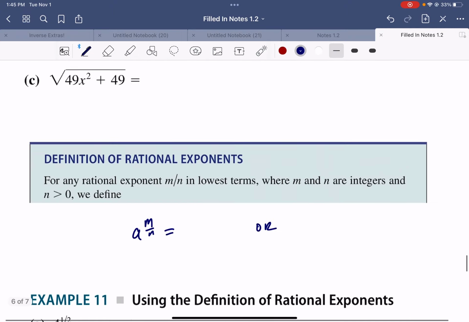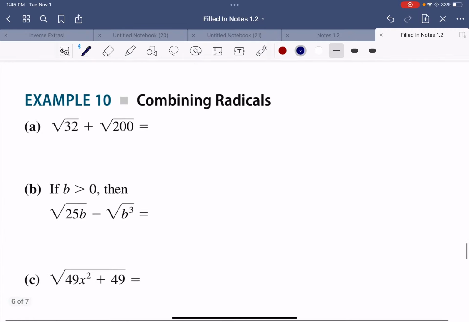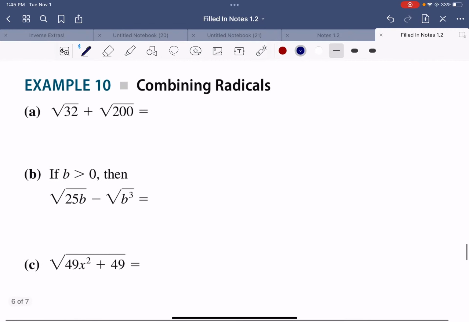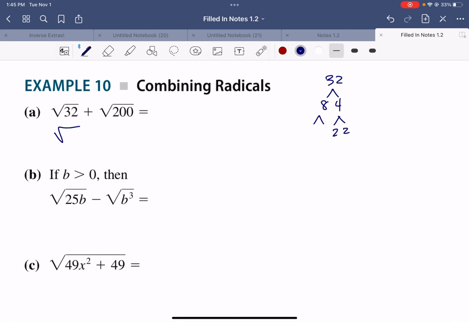So I'm going to have to stop. No, I'm going to keep on going. The square root of 32 plus the square root of 200. You can only add these if you have like radicals. So I'm going to write this as the 32, I know is just 8 times 4. This is 2 times 2, and this is 2 times 4, so it's 2 times 2.